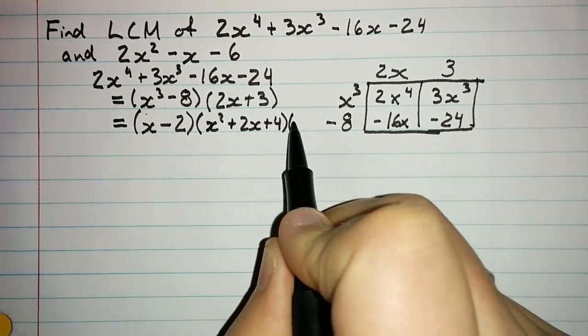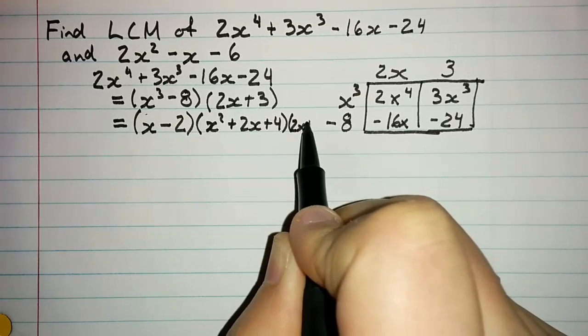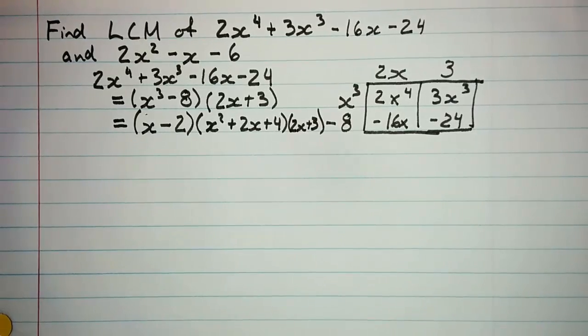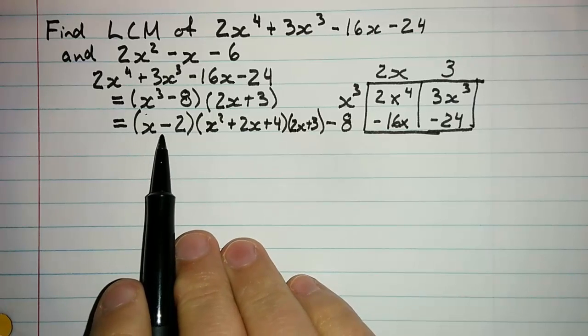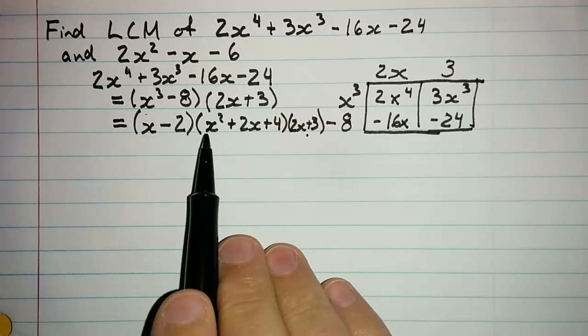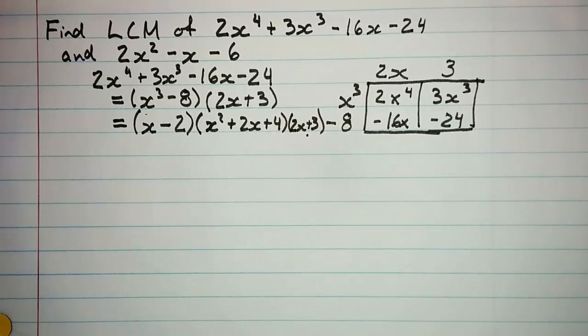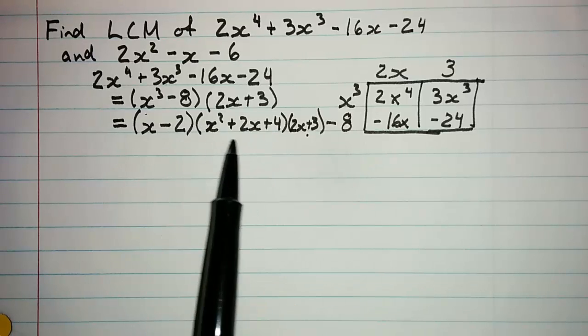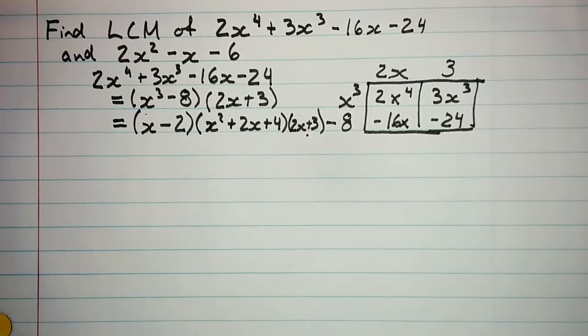And then my remaining factor, 2x plus 3. All right, and now this is prime, this is prime. The trinomial we get when we factor a sum or difference of cubes is always prime. So this is prime.